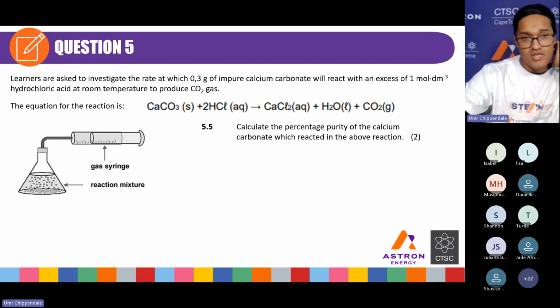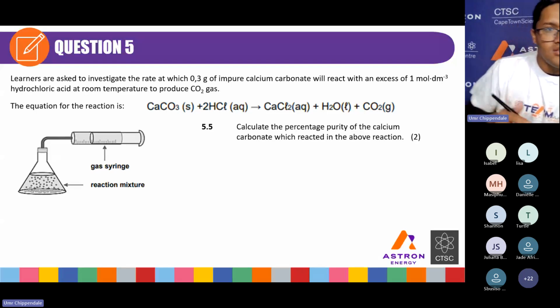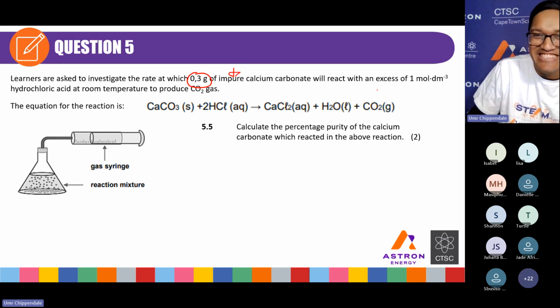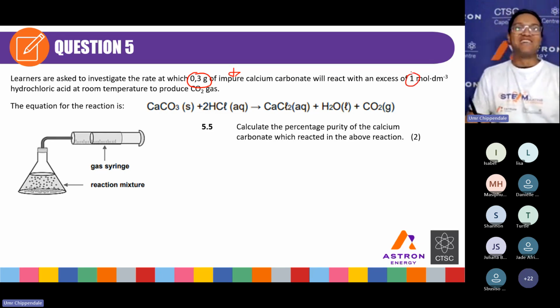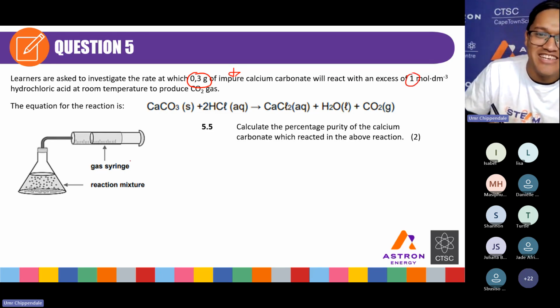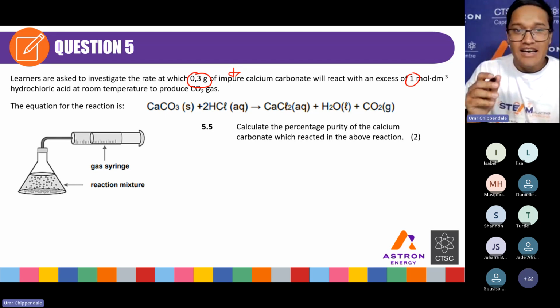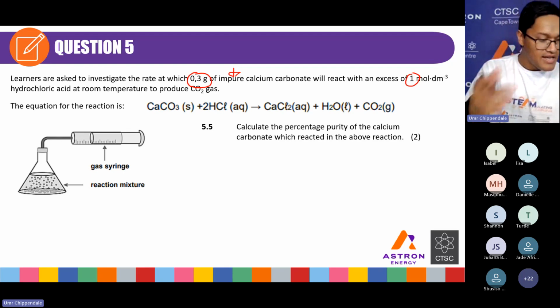Now we'll come to this last question within, I think, this question 5. Learners are asked to investigate the rate at which 0.3 grams of impure calcium carbonate will react with an excess of 1 mole per decimeter cubed hydrochloric acid at room temperature to produce carbon dioxide. 5.5: Calculate the percentage purity of the calcium carbonate which reacted in the above reaction.